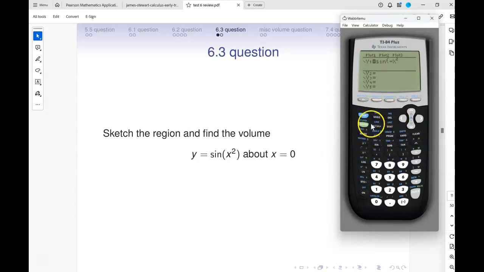It's the 2 pi r h. Do we have to flip the function and put it in terms of x? Don't have to? These are the directions they give us, right?